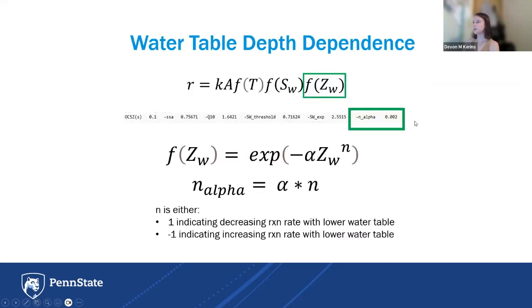But in terms of this water table depth function, what we specify here is a product of this alpha and this n value. If n here is set as 1, it indicates decreasing reaction rate with a lower water table. And if this n is -1, it indicates an increasing reaction rate with lower water table. And then again, this alpha value is really just indicating the sensitivity of the reaction rate to the water table depth.